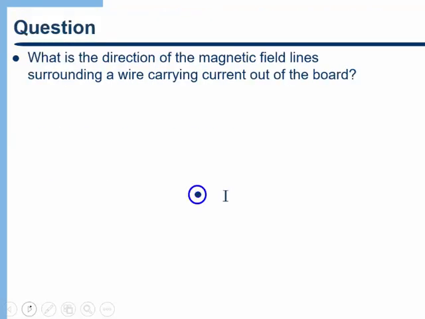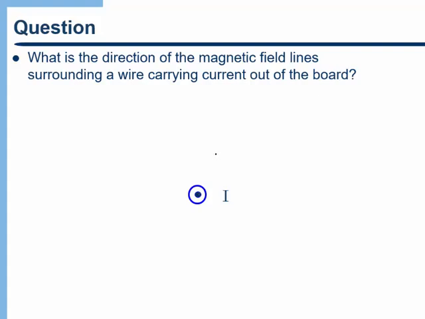So let's look at a couple examples of this. The first one is, what's the direction of the magnetic field line surrounding a wire carrying current straight out of the board? So imagine there's a current coming straight out at you.